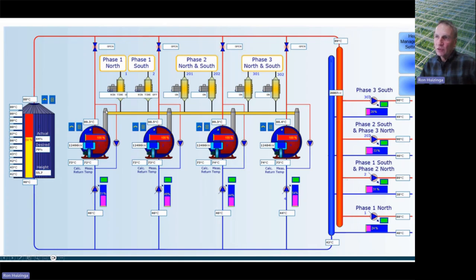If you have exhaust coming out of the boiler while your CO2 fans are on, then you know your boiler's running too hard. You're wasting CO2 out in the atmosphere. So then you can bring the throttle of that boiler down.